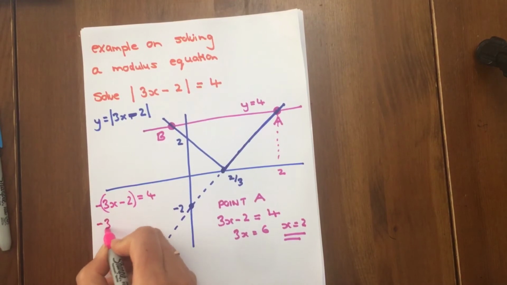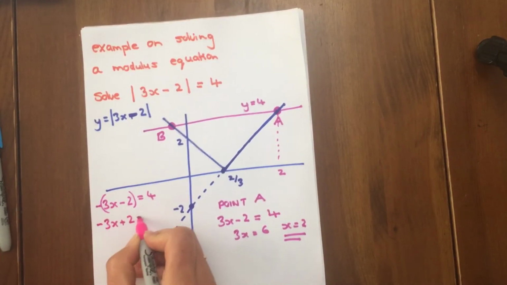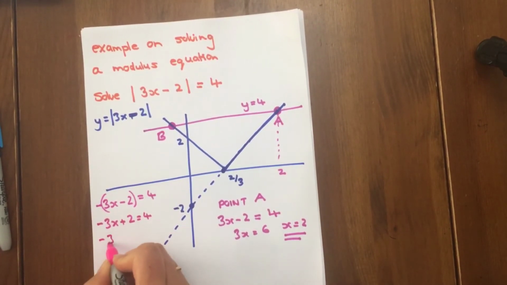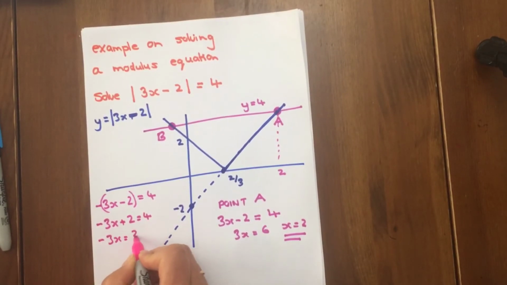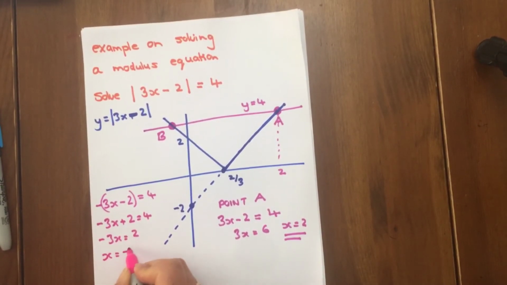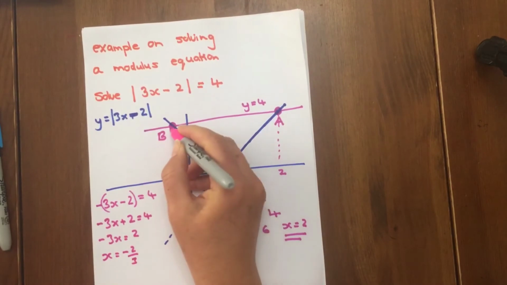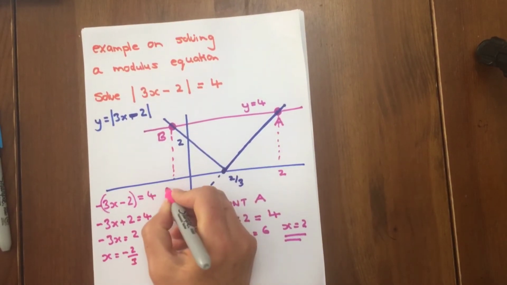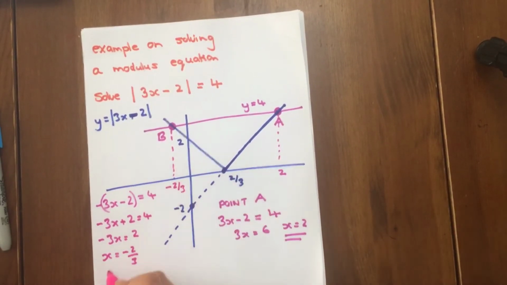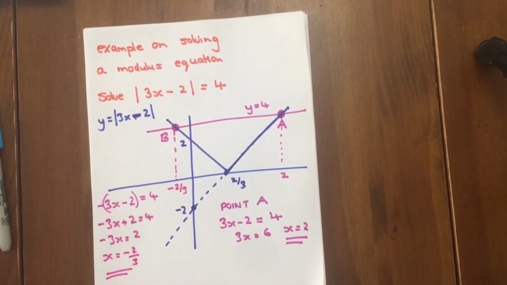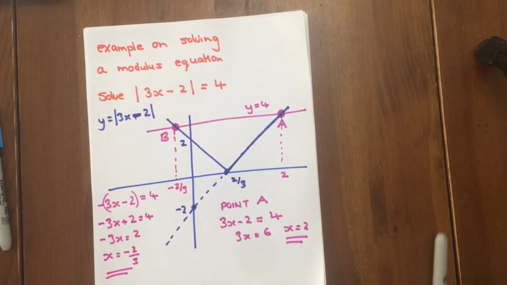So if I just get rid of that negative sign, minus 3x equals 2, so x will equal minus 2/3. And that again makes sense. We can see here that x is negative. So I've got two solutions.